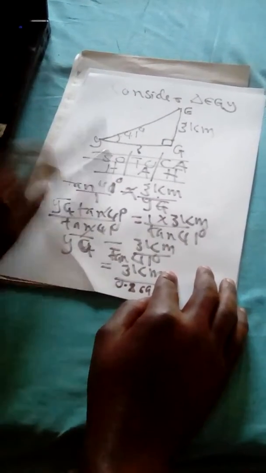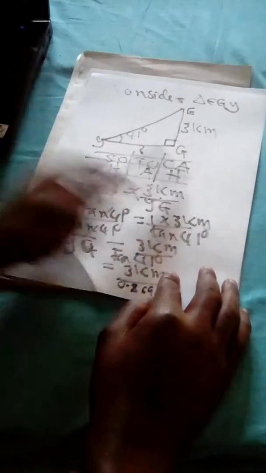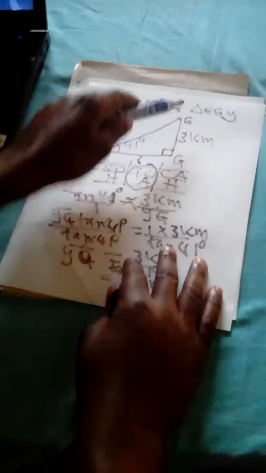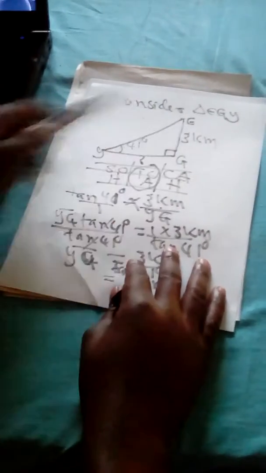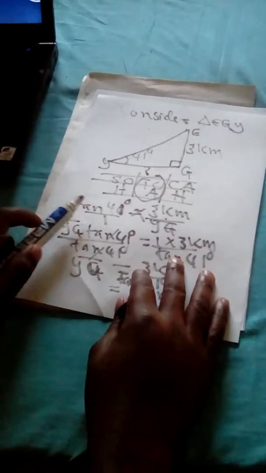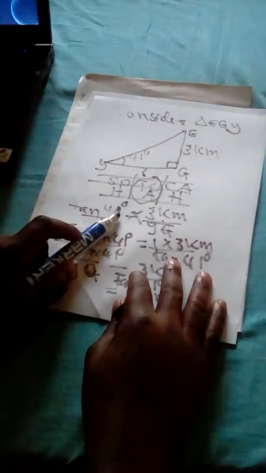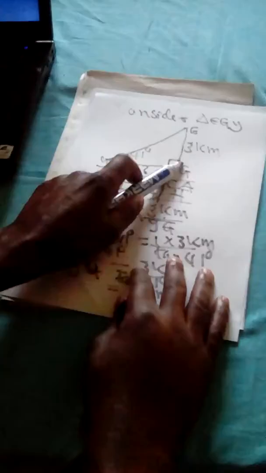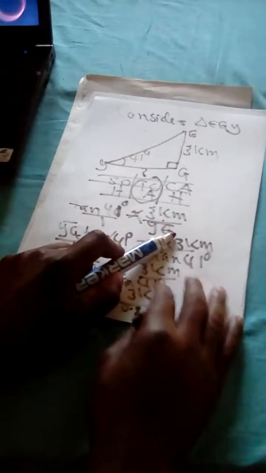Using this abbreviation, SOH CAH TOA, the right trig ratio to be used is the tangent ratio, because we have the opposite side, this one, EG, and the adjacent side, this one. So the right ratio to be used is the tangent ratio. So the tangent of 41 is the opposite, which is 3 kilometers, over the adjacent, which is YG.